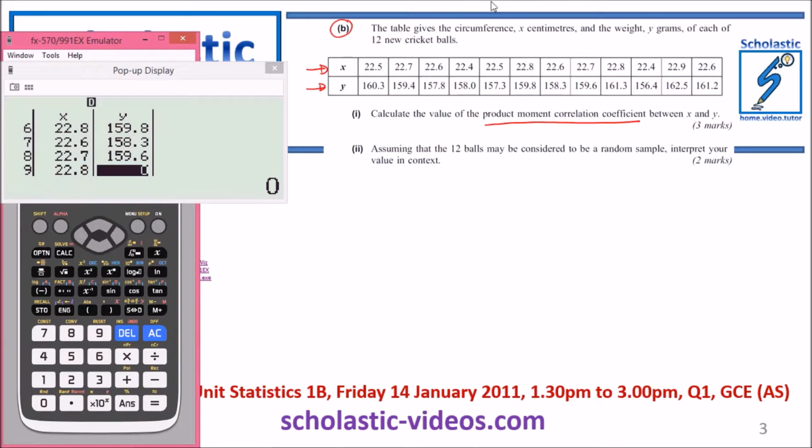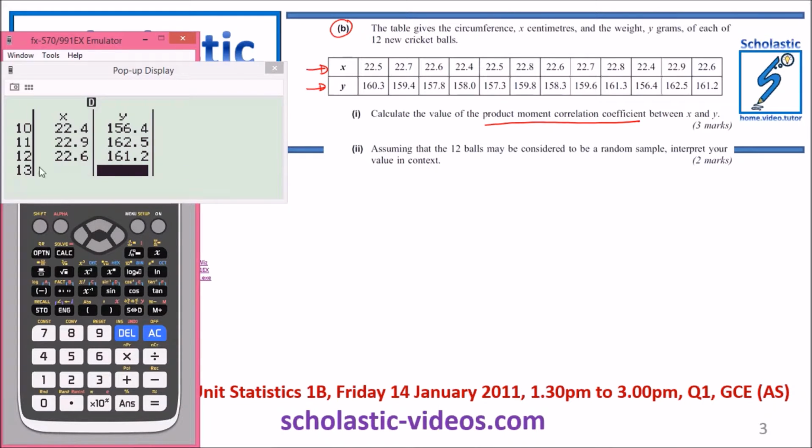So we are here at 22 point, 159.6. So 22.8 is 161.3. 161.3, enter. 156.4, enter. 162.5, enter. 161.2, enter. These are the 12 values.